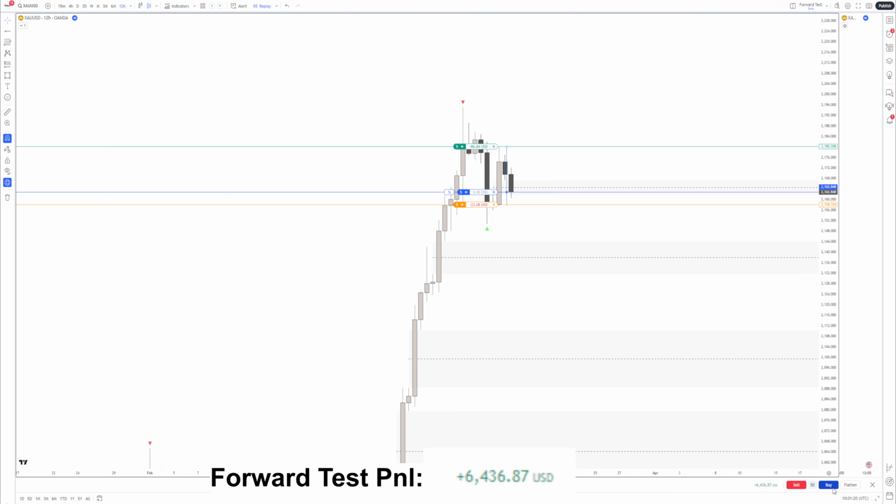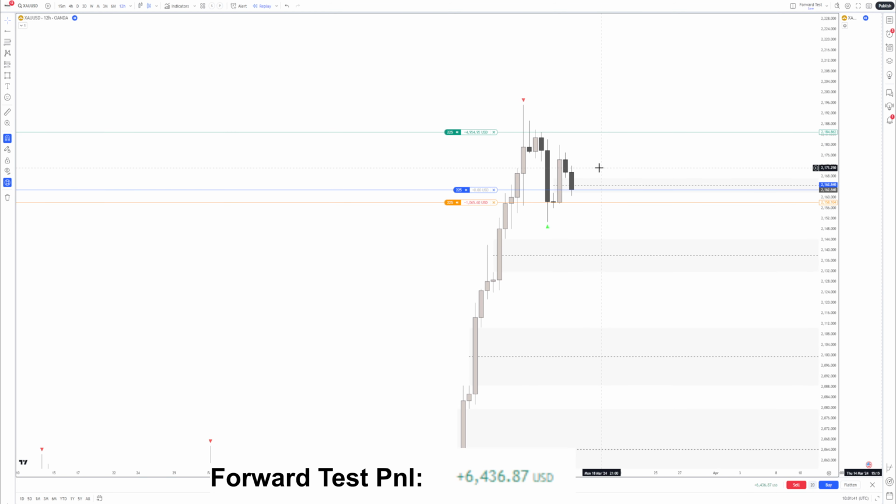And we enter. You can see we're going to do 1% again. Sorry, not 1%, 0.5%. And we're just going to aim for 5 to 1. Let's see what happens.